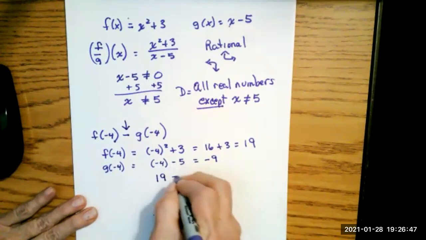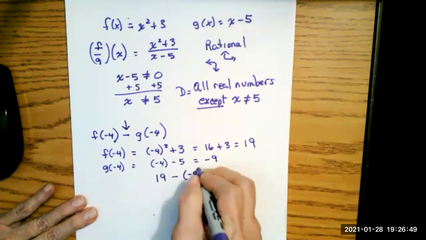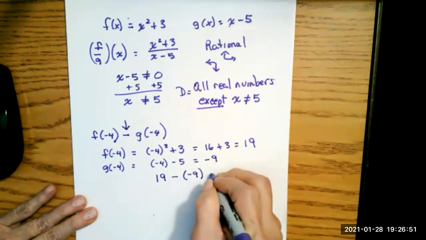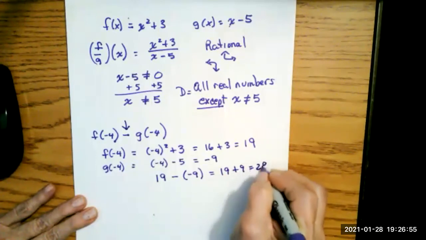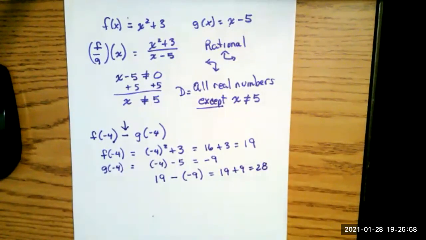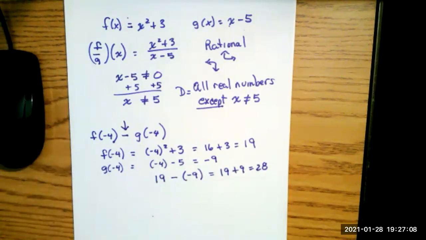So I can do 19 minus -9, which is 19 plus 9, which is 28. All right, so do you understand that you can add, subtract, multiply, or divide them, and you can even put numbers in them and do them with numbers? Any questions on that?